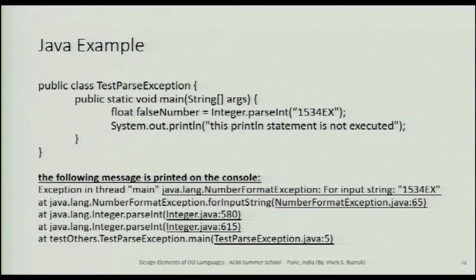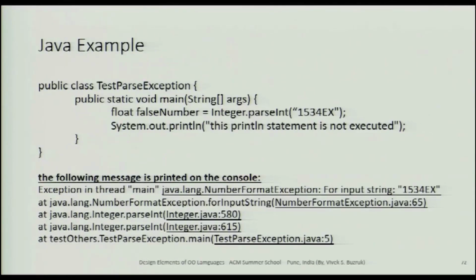We are talking about the main function here, where I am parsing an integer, but I am passing a string to that, and obviously it will raise an exception because you cannot parse the string, so it raises a NumberFormatException. Now look at this very interesting part, why this continuation is important. Here you can see the stack.